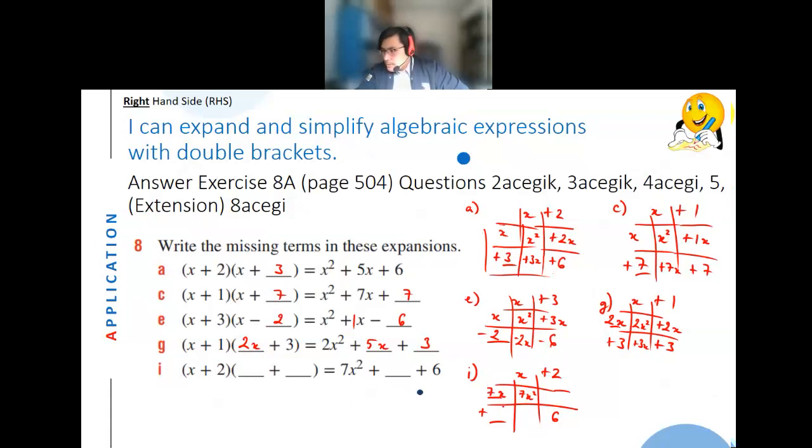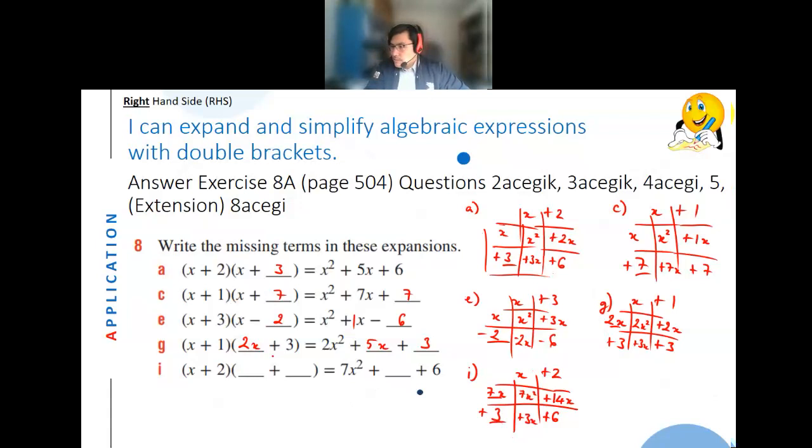That would give 7x times plus 2. A positive is a positive. 7 times 2 is 14x. And then this number multiplied by 2 has to give you plus 6. That has to be 3. And so plus 3 times x is plus 3x.